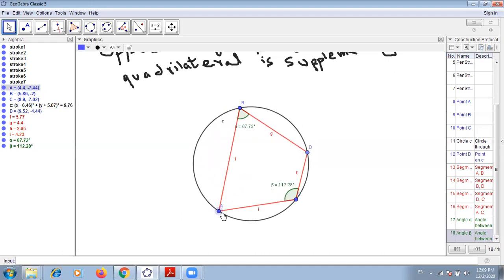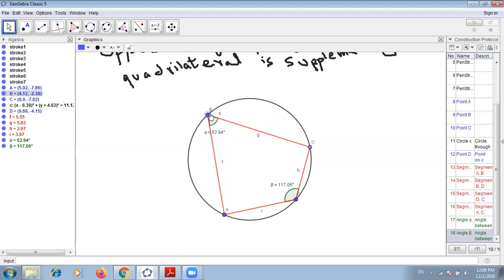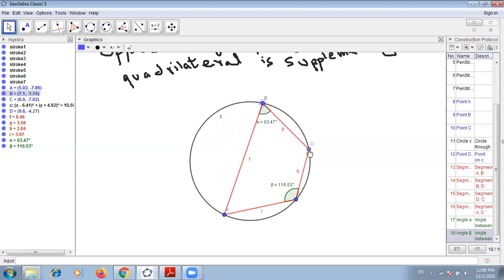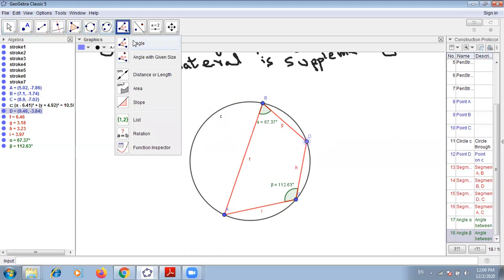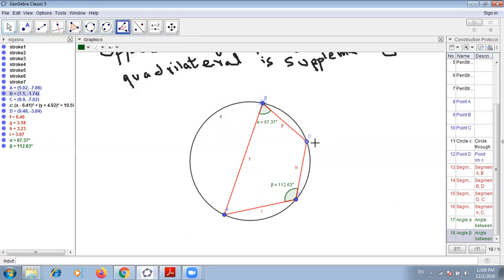If I drag this, you can see it still remains supplementary. So it means that the opposite angles of cyclic quadrilaterals are supplementary. If I measure these two, they are also supplementary angles. So if I want to prove it through these 2 points, you see that angle ADB is 120.99.